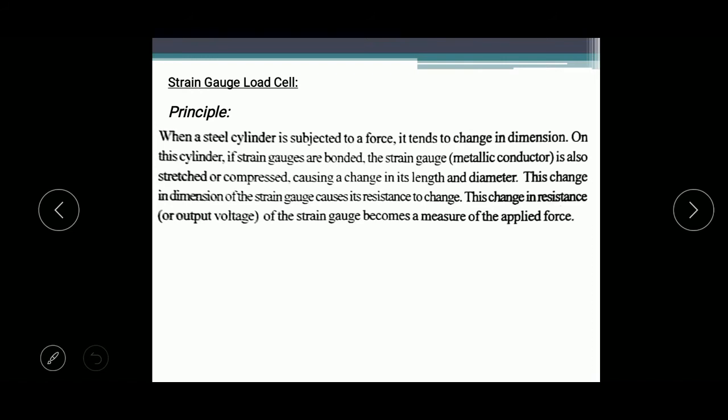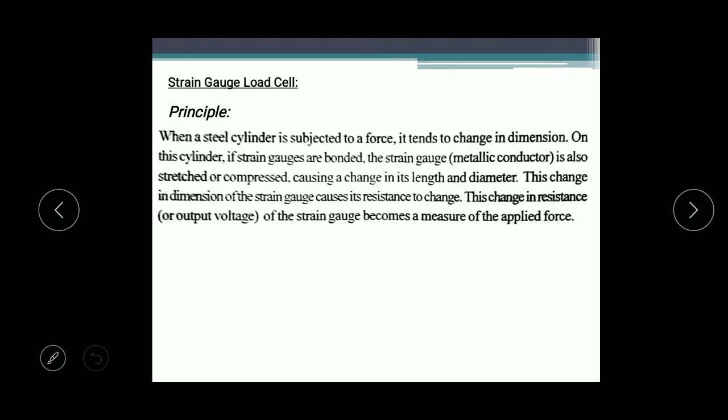Now we will see the strain gauge load cell. Before going to the principle of the strain gauge load cell, we will see some properties of strain gauges. Strain gauges are made up of piezo-resistive materials. These have the piezo-resistivity property. So what is piezo-resistivity?